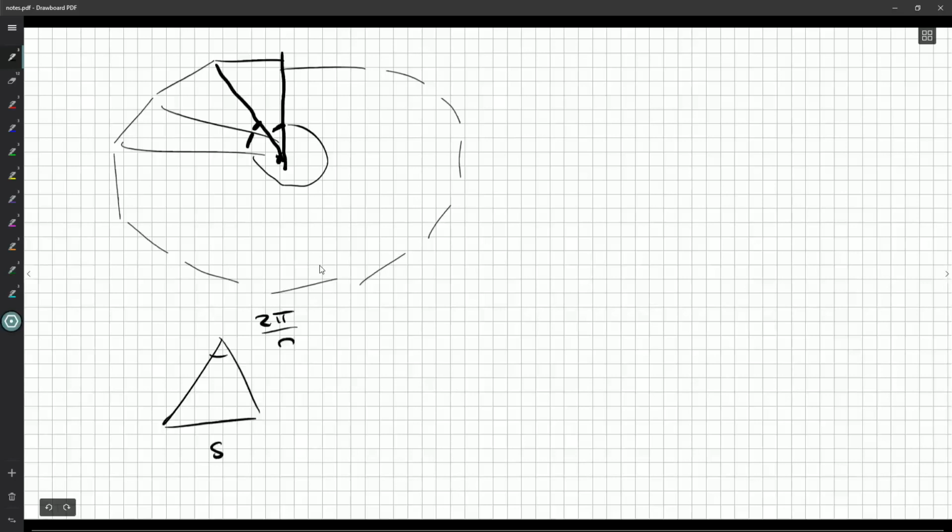And then your side length over here, and this is enough, because it'll be isosceles. This is enough information to figure out the area of the triangle, and so you can work out the total area, because it's going to be 10 times the area of such a triangle. Yeah, so that's the basics.